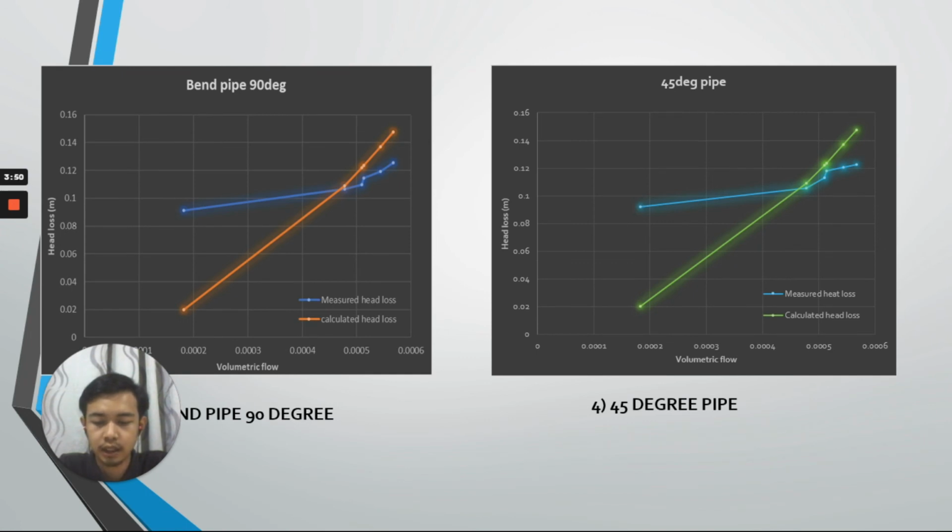For the 90-degree bend pipe, the measured head loss increases gradually, except for the small scattered plot at the end, and the same goes for the 45-degree pipe. So I think that is all for the results and graphs of this experiment.